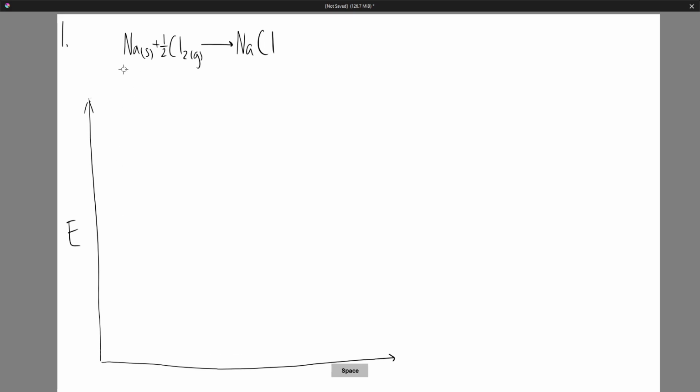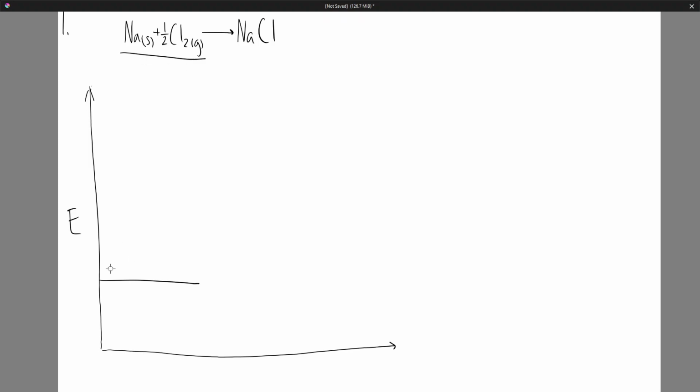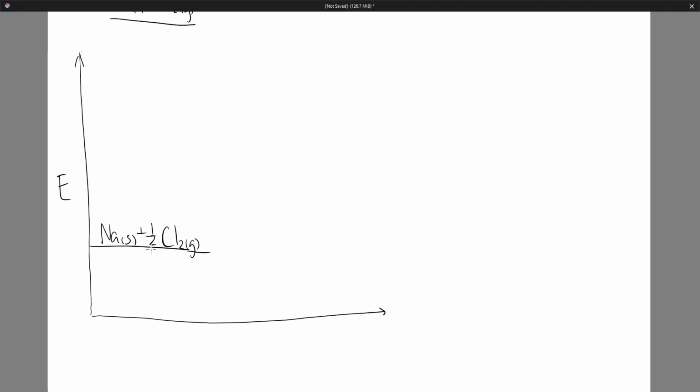First you start off by putting these a little above the base, somewhere right here, make it straighter, right there. So solid sodium and your half mole of chlorine gas, like that.